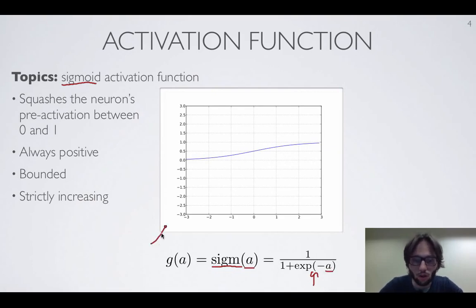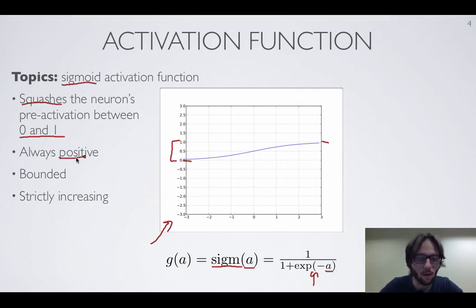And so if we draw this function, what we see is that it will squash the neuron's pre-activation between 0 and 1. So we see that all output values are between 0 and 1 here. And so the bigger the pre-activation, the more it will saturate towards 1, and the smaller the pre-activation towards minus infinity, the more it will saturate towards 0 instead.